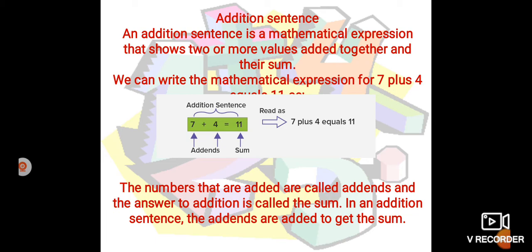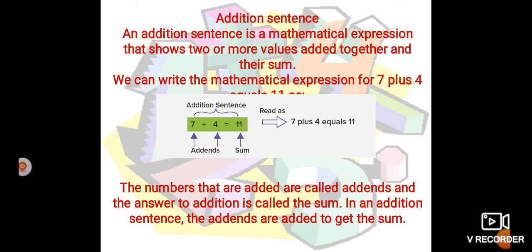Once again, I am repeating the statement for you: an addition sentence is a mathematical expression that shows two or more values added together and their sum.